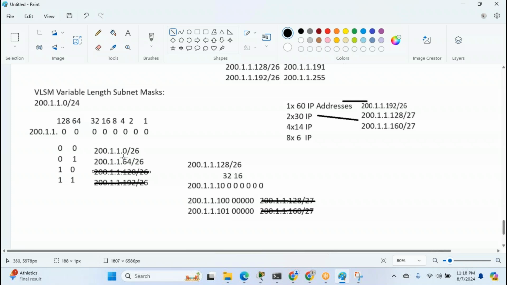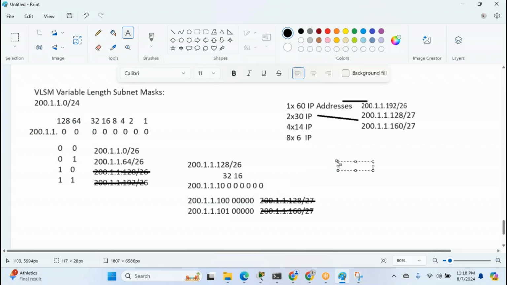Next available is 200.1.1.64. For 64 it is 01/26, so the next 6 bits are 0. Now we have to look at the requirement. This bit is 32, the next bit is 16, 8, 4, 2, 1.